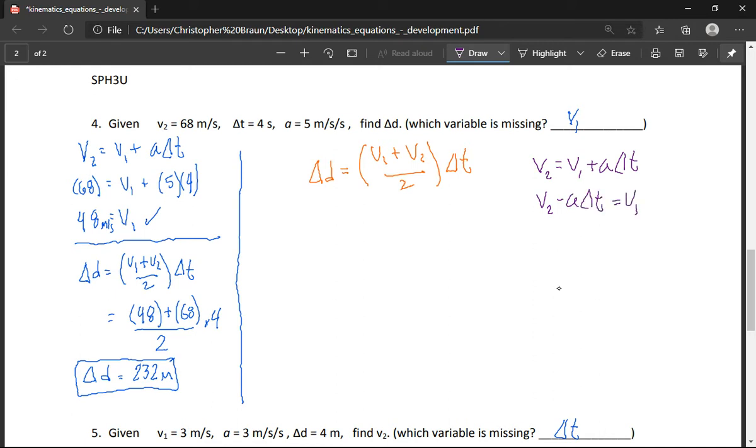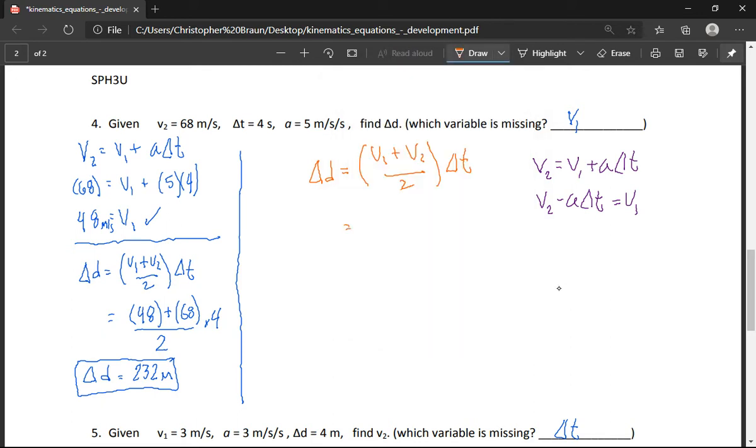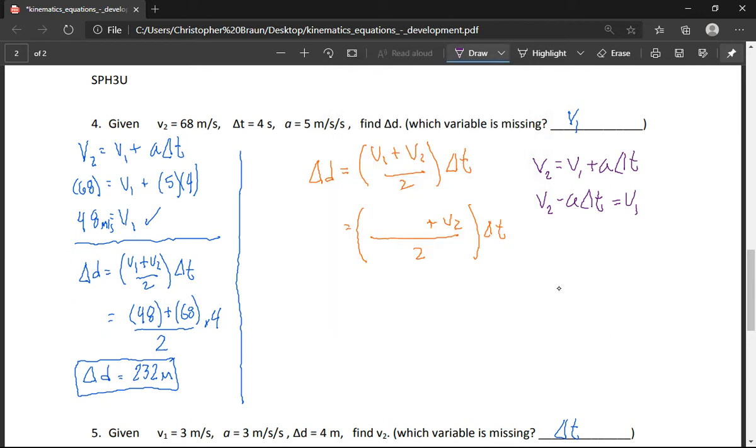So I just brought the a delta t over, and now I can substitute it up there, and that's all you have to do. So we substitute it in, and we get, if v1 is actually v2 minus a delta t, it's like that.